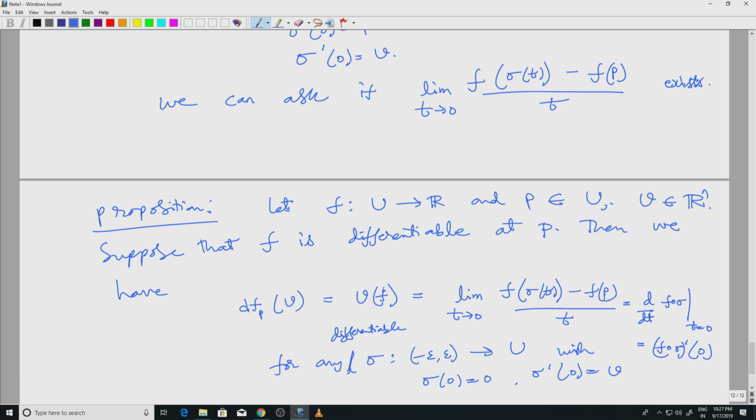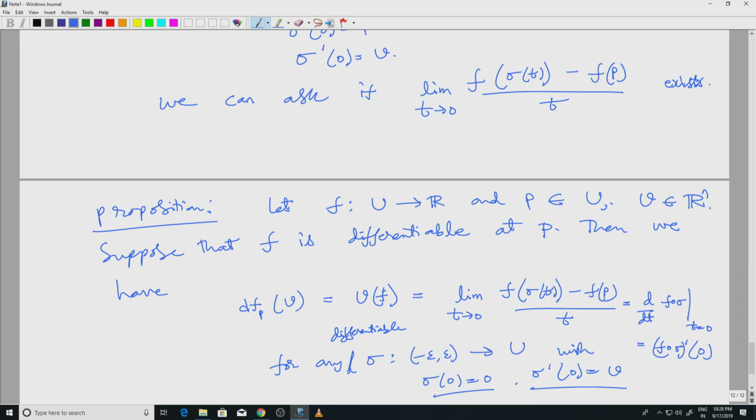What is more helpful is this last one here, namely I can take any curve, not just the straight line. I can take any curve which just has to satisfy sigma 0 equals 0, sigma prime 0 equals v. The moment I have these two conditions, all I have to do is look at f composed with sigma.